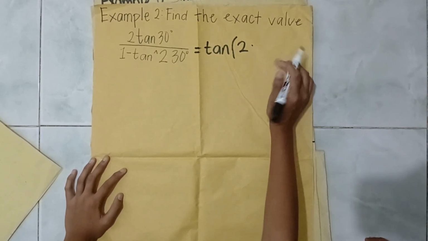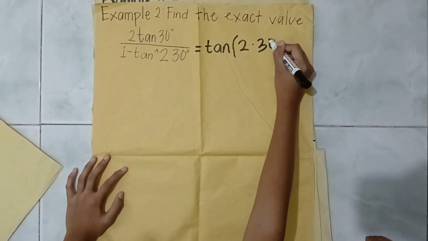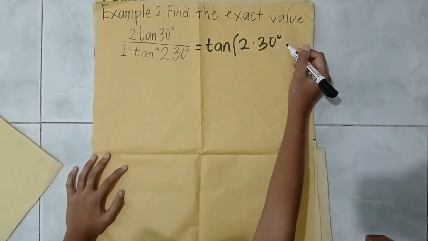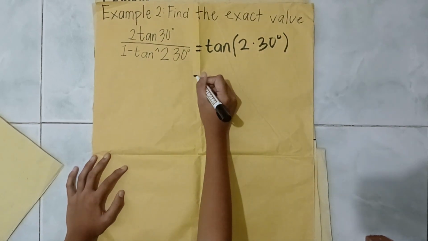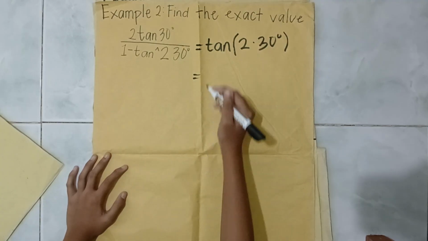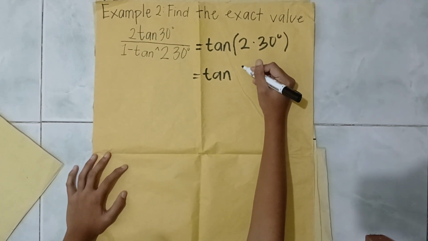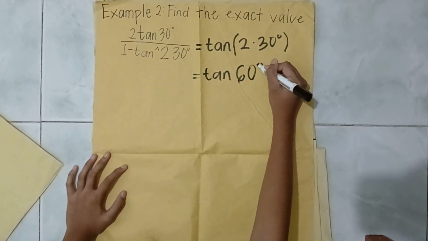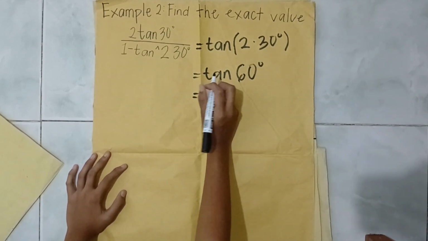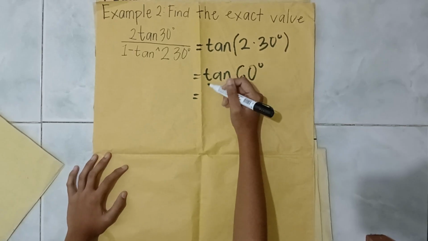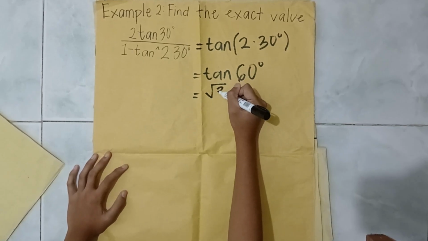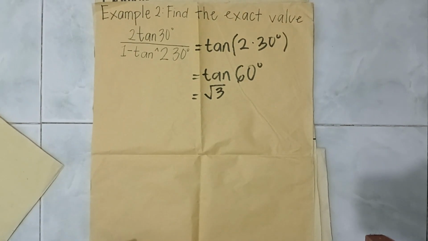So the expression 2 tangent 30 degrees over 1 minus tangent squared 30 degrees is equal to tangent of 2 times 30 degrees, which equals tangent of 60 degrees. So the value of tangent of 60 degrees is square root of 3. Example number 3. Verifying identities.